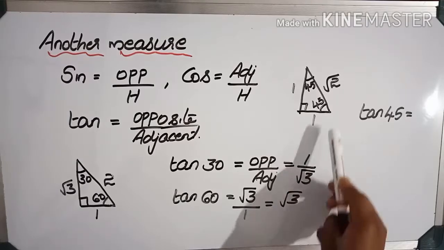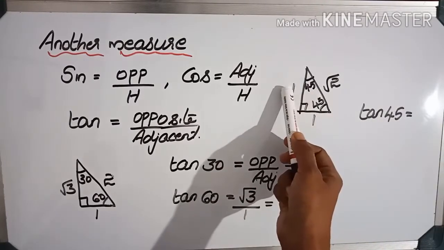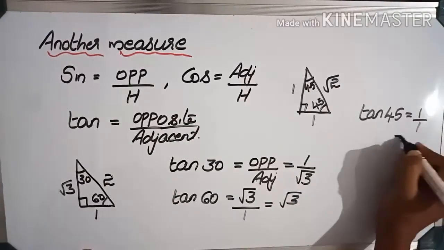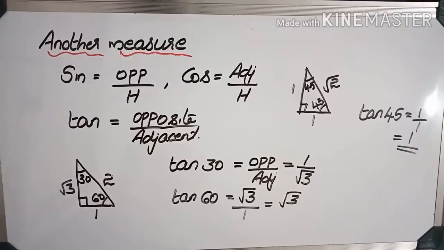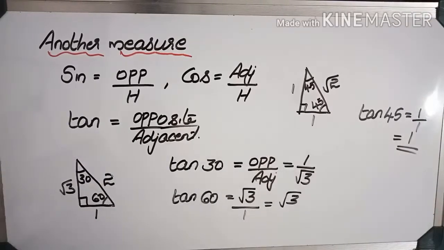Same equation. Any of these two 45 you can choose. So 45 opposite side 1, adjacent side also 1. So 1 by 1, answer is 1. So tan 45 is 1. These are the measurements related to tan: tan 30, tan 60, tan 45. These you have to learn by heart.